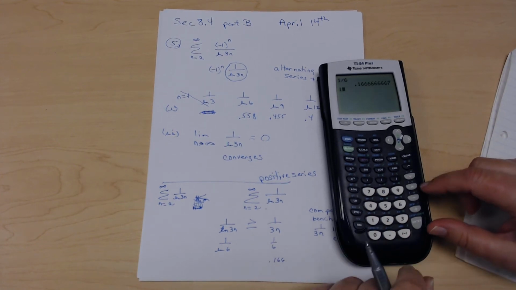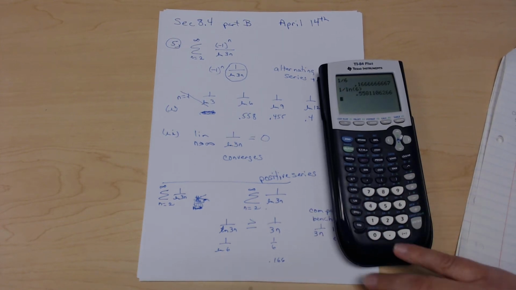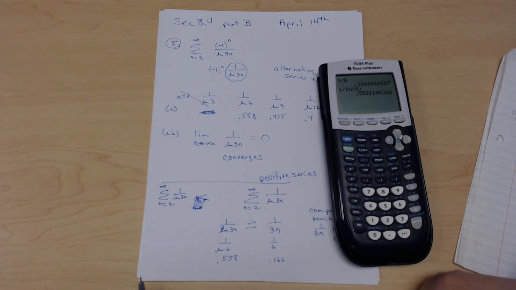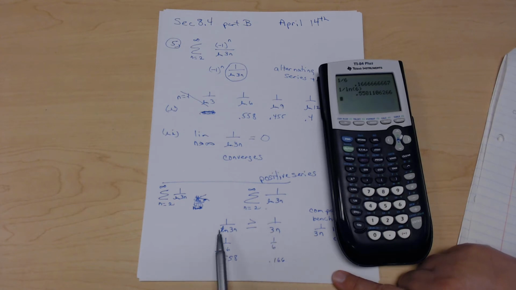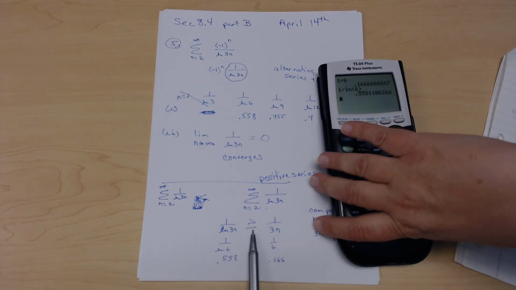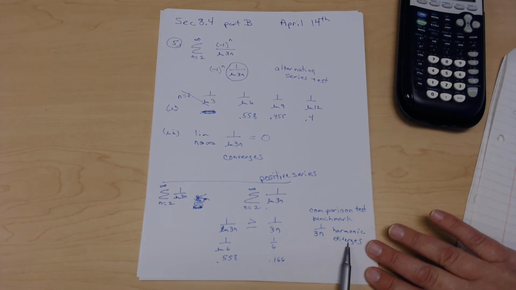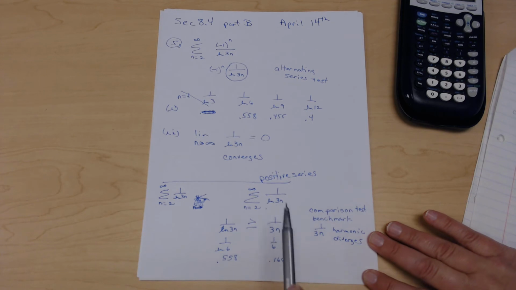And 1 divided by ln of 6 is 0.558. We could do another one if we wanted, but I think we would see that this is always bigger. So with the comparison test, if this diverges and this holds true, then this guy diverges.